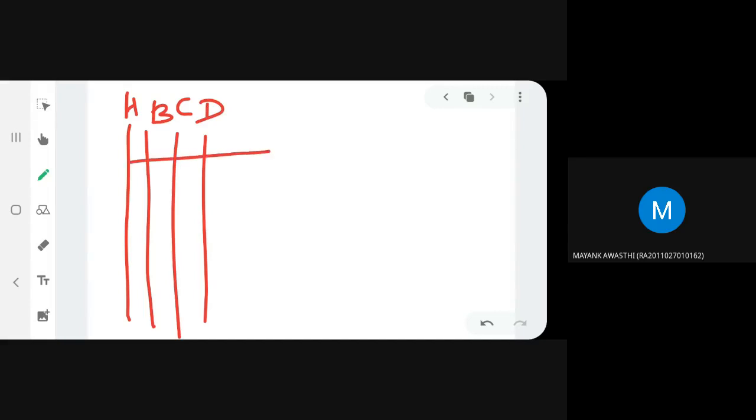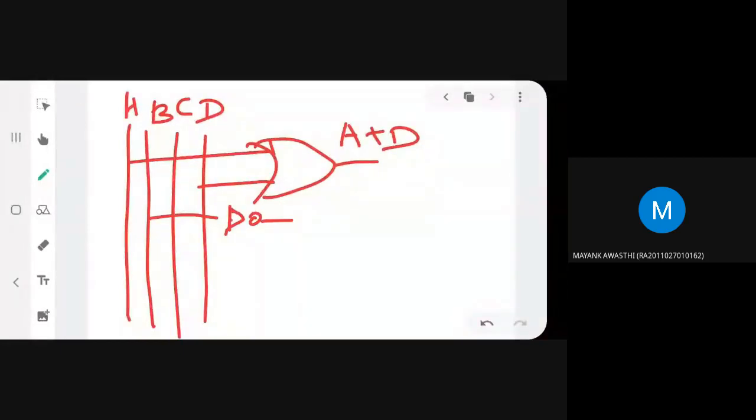So I am using 4 inputs. So A, B, C, D. So A, then D, that I have to OR. So this will be my A plus D. Then I have to take the complement of B. So NOT gate I am using, this is B complement. That I have to again OR with the C complement.